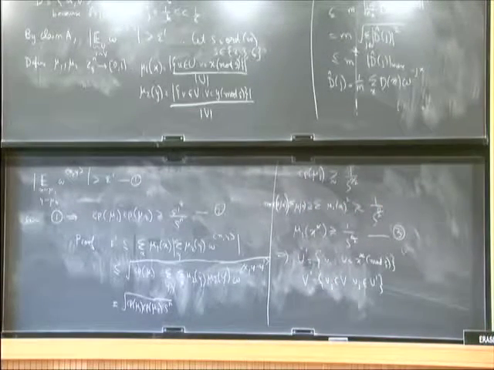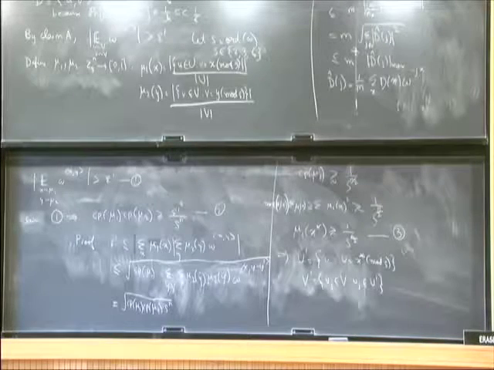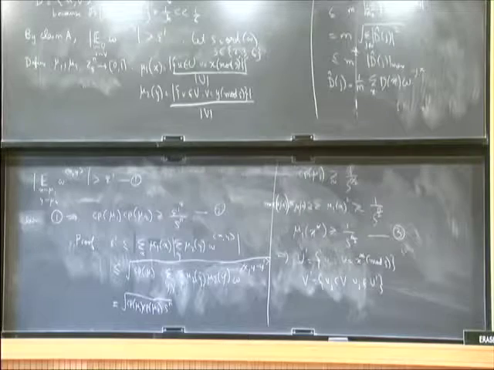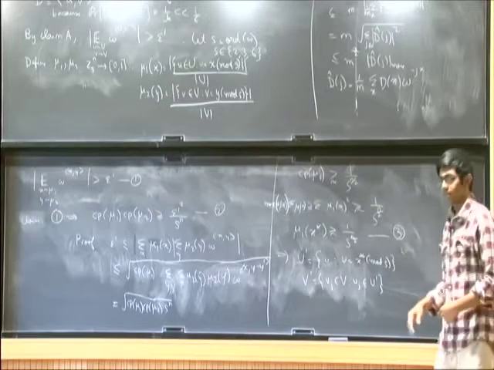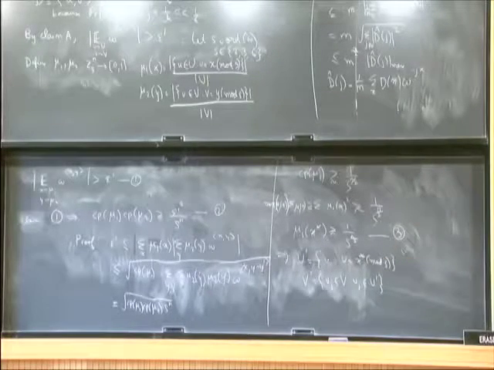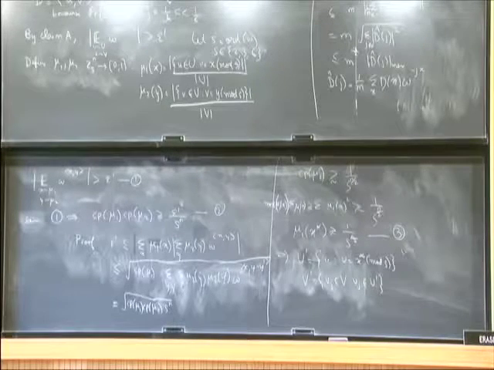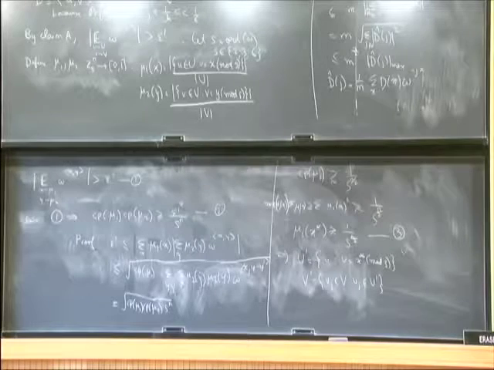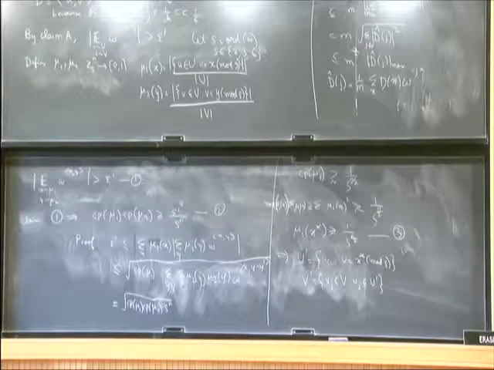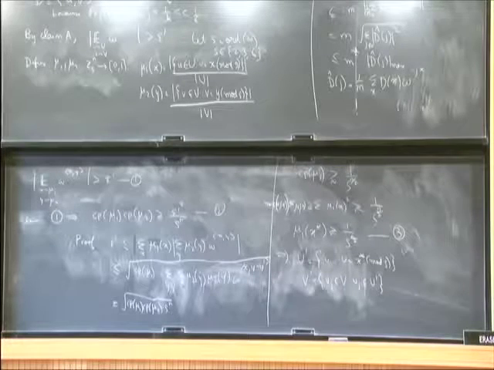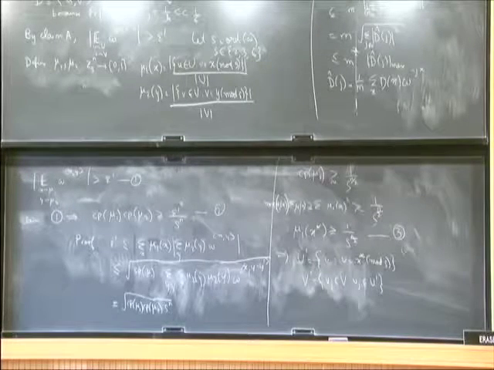So now, just in the happy case if S was exactly 6. So what do we have from 3? 3 implies that this is much bigger than 6 by s to the n by 2, right?